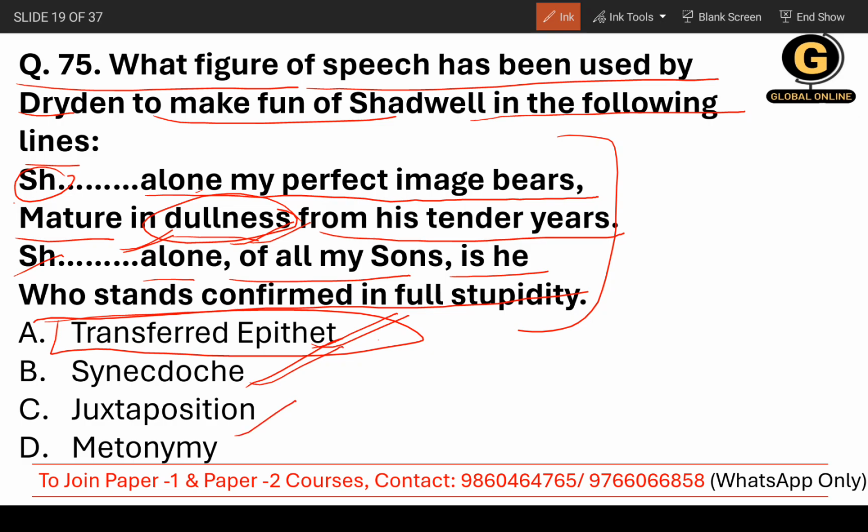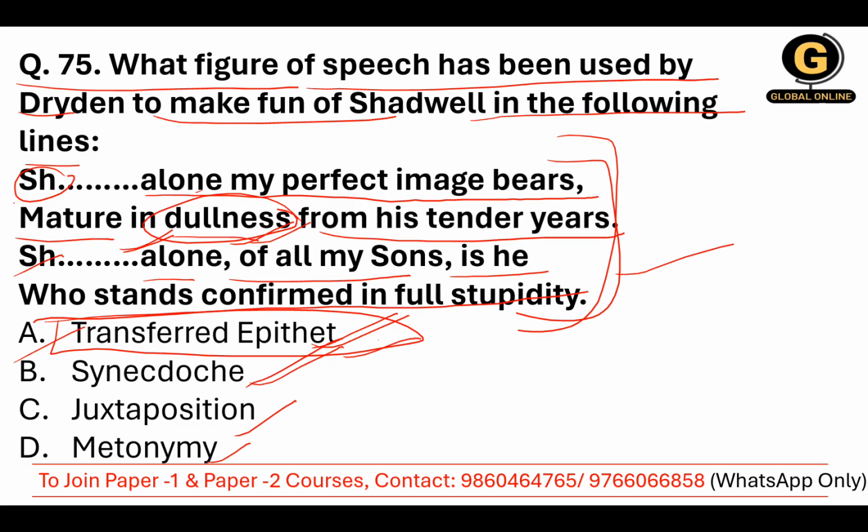It's like placing two contrasting or related elements together. And of course we cannot see such a thing here. And metonymy is still related to that, like one word or phrase is substituted with another that is closely related or associated with it. So the only correct answer you need to find is the first one, transferred epithet.